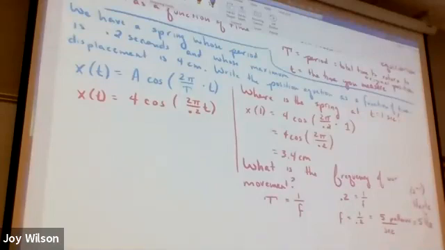So if I've only gone 1 second, what does that probably mean? You've done 1 pattern. 1 second, so you've done 5. I've done 5 patterns. So am I moving out towards the amplitude, or am I moving back towards equilibrium?